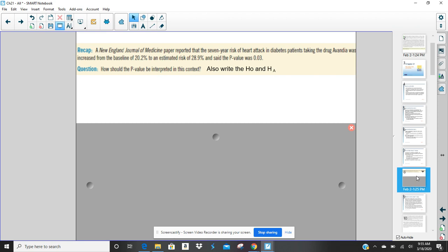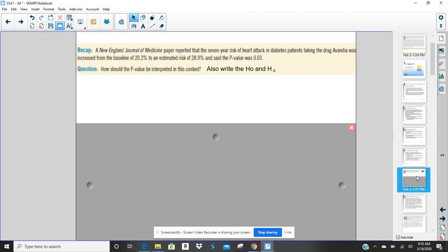And certainly right now we know that the p-value would be low. So the question is, how should the p-value be interpreted in this context? I'm also asking you to write the H0 and the HA. So why don't you take a few moments, pause if you need to, and think about what the H0 and HA would be. And then if you want, think about what the p-value would be interpreted in context.